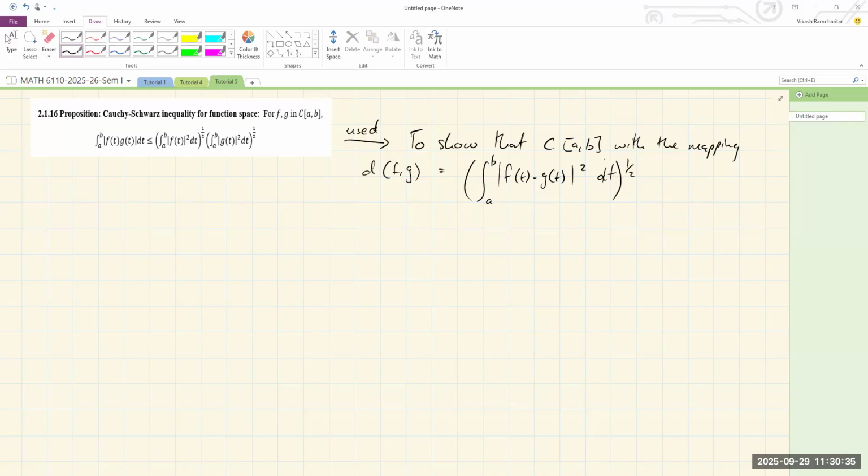So we want to show that the space of continuous functions on the closed interval [a, b], with this mapping defined for all f and g in this space, is a metric space. In other words, this Cauchy-Schwarz inequality for function spaces is used when we want to show that this metric above, which is sometimes written as the d2 metric on function spaces, is a metric. That is, d is a metric.